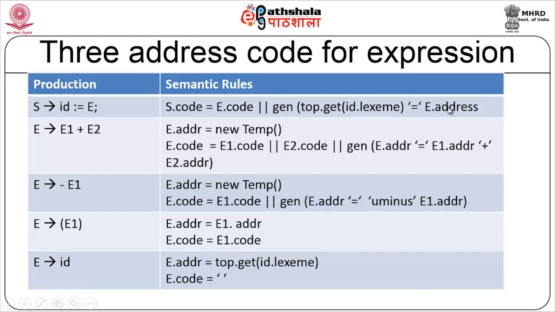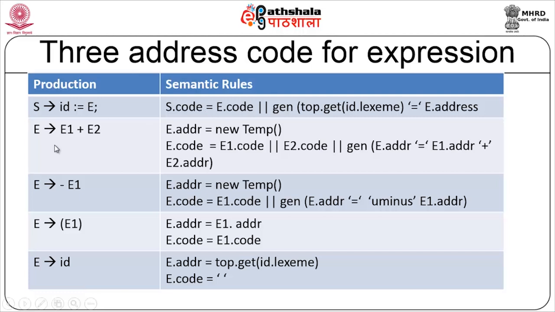E dot address is the place corresponding to E. E first has to generate code, and that will have an address in which the result is available. That will be used here, and I'll simply have code as ID is equal to E, or rather A is equal to some T1 or T2 or whatever it is. This is the simplest of all statements.